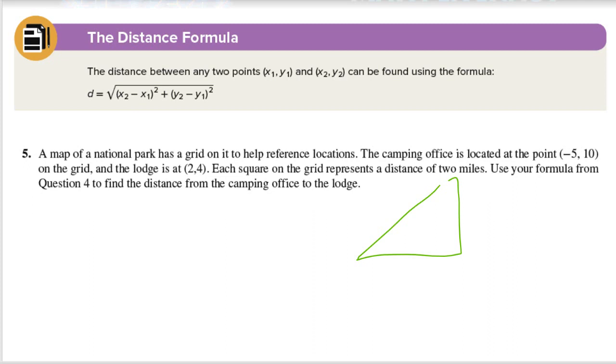So I don't know what it's going to look like, but I know to find my A and my B, to find my A, I take the difference in the x values. So A equals 2 minus -5, which equals 7. B equals 10 minus 4.